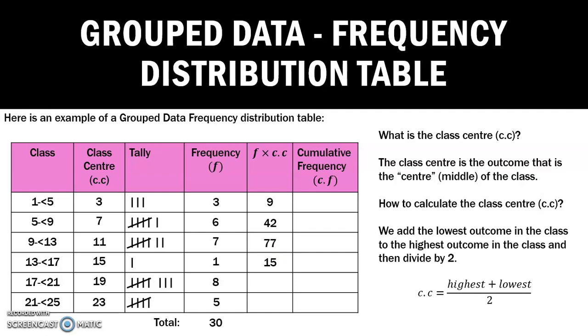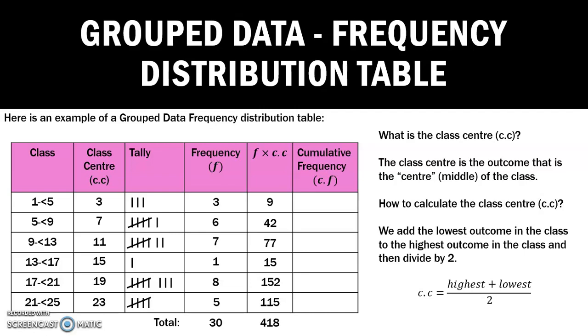Our frequency of 1 times our class center of 15, which is 15. Our frequency of 8 times our class center of 19, which is 152, and our frequency of 5 times our class center of 23, which is 115. Again, we add this column up and we get 418.